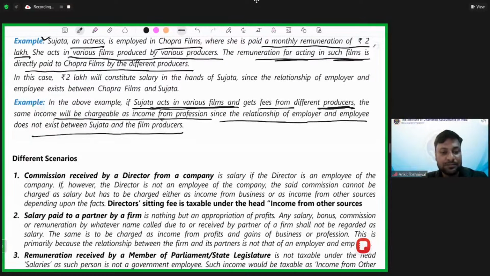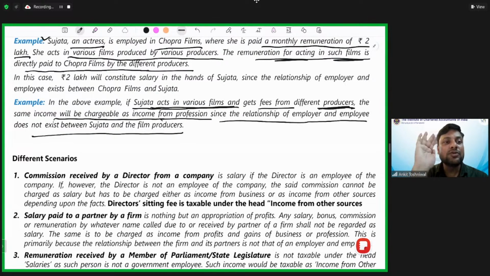But sitting fees, that is, the sitting fee is paid to the director for attending the meetings, right? So if he is getting any sitting fee, then it is always taxable under the head PGBP or other sources, not under the head salary. So we have to check whether there is a relationship of employer-employee. So if the director is also an employee of the company and he is receiving a salary as an employee of the company, then that salary is taxable under the head salaries.